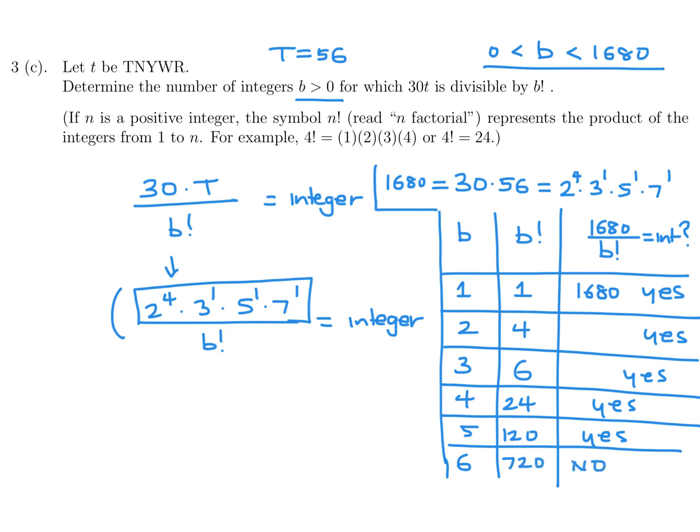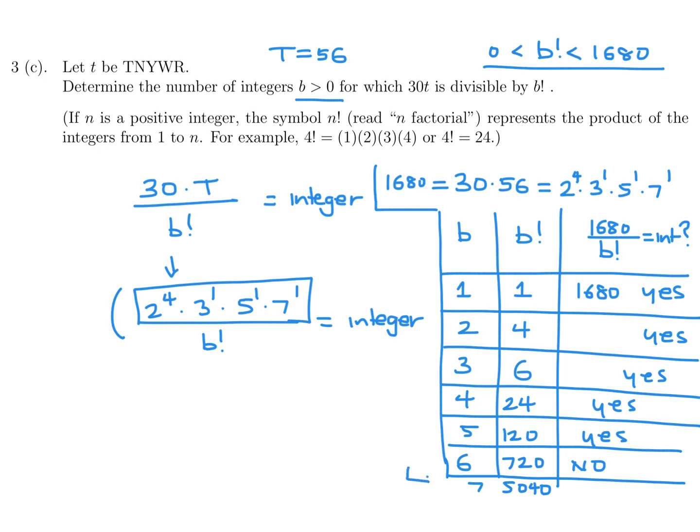And then anything greater than 6, like if you do 7, you get 5040. I think this should have been b factorial, because you're not dividing by b, you're dividing by b factorial. Well, it doesn't really matter. I figured it out.